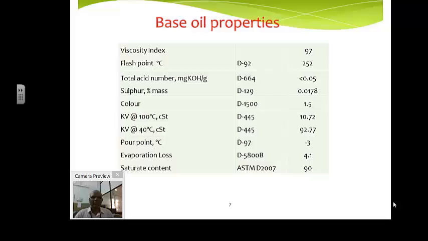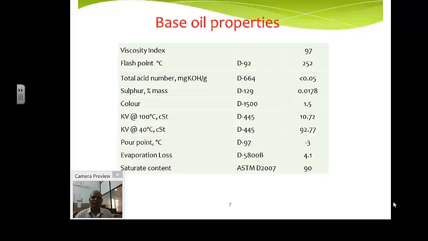The base oil has these essential properties: it should have a high viscosity index. Viscosity index is basically a measure of variation of viscosity with respect to temperature. It should have a high flash point as well as fire point. The total acid number should be low, that means the acidity of the oil should be low.